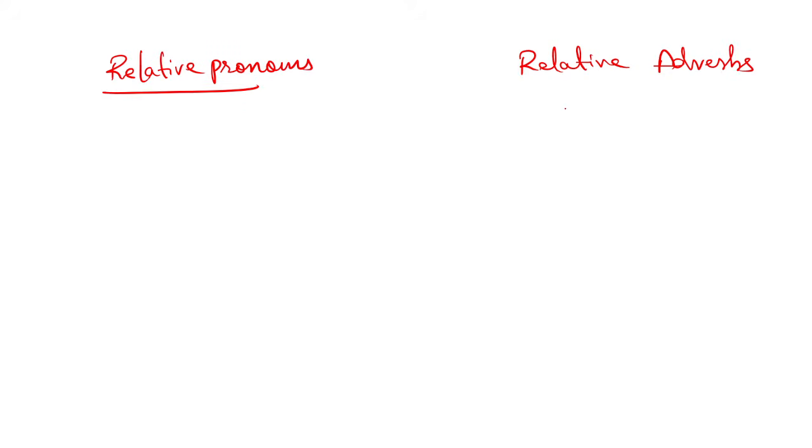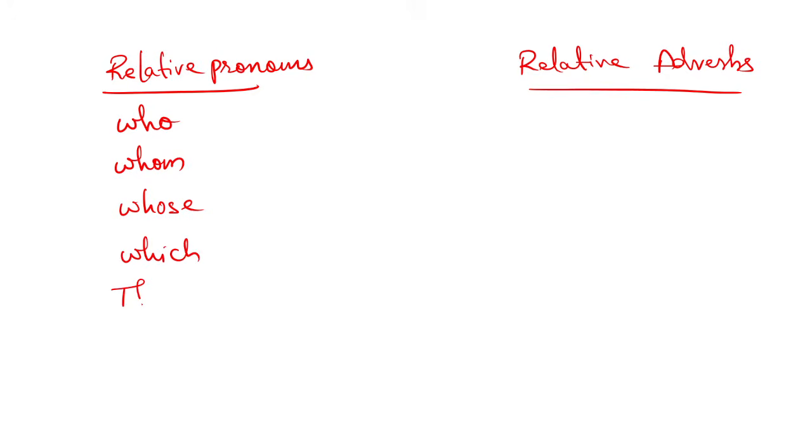Okay, so this is a brief explanation that I'm giving you beforehand. In relative pronouns we have who, whom, whose, which, and that. Whereas in the relative adverbs we have three only. One is when, another one is where, another one is why.